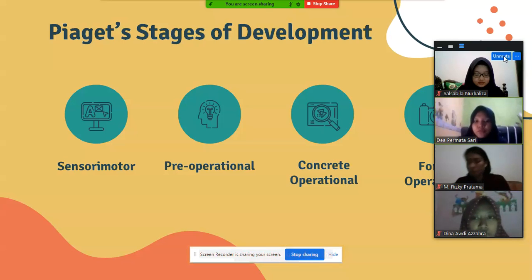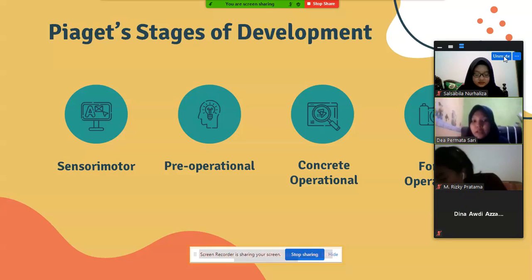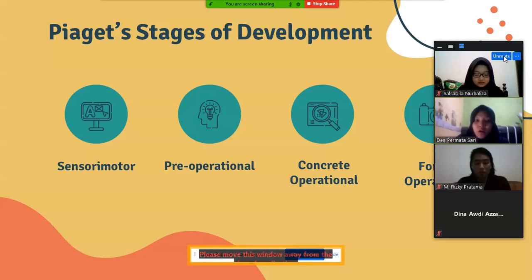Approximate age is from 2 to 7 years, whereas infants can learn about and understand the world only by physically manipulating objects, preschoolers have greater ability to think about things and can use symbols to mentally represent objects.